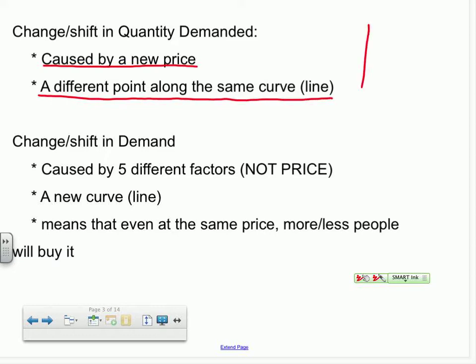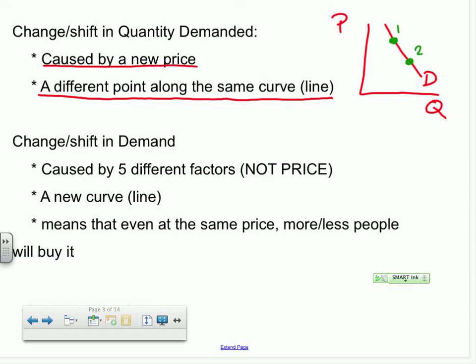So if we were to graph that out, and please do, price, quantity, demand, a change in quantity demanded means you're going from one point on the line, here's point 1, to point 2.